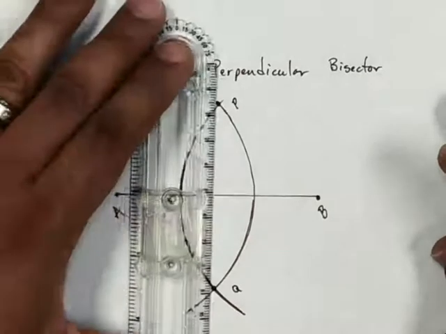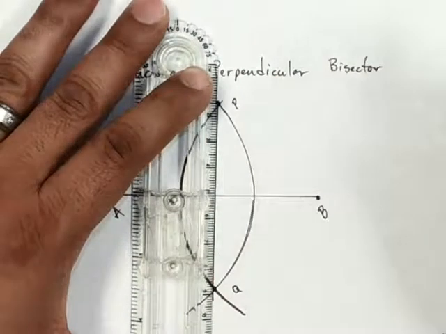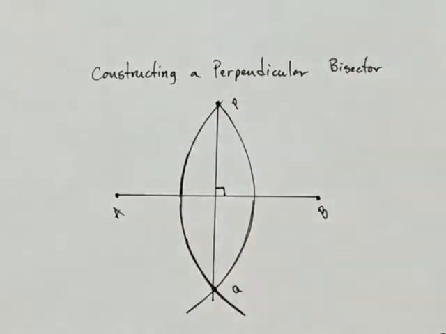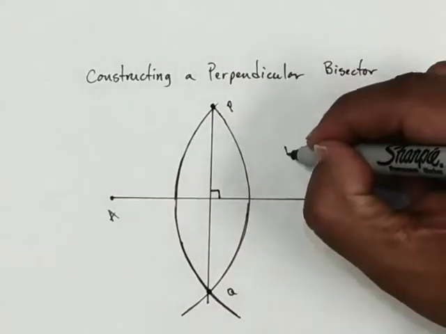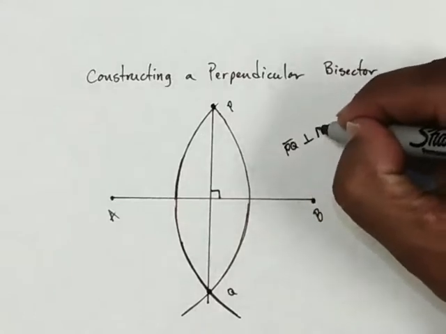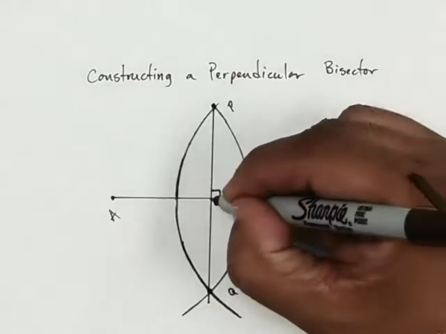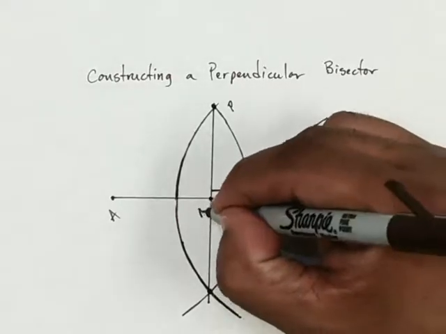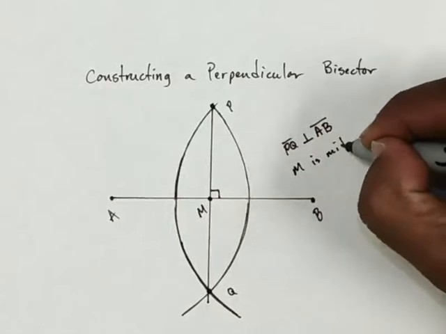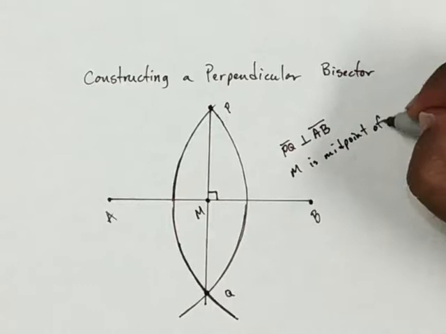All right, so now if I connect those, I know that segment PQ is perpendicular to segment AB. And if we name this point M, I know M is the midpoint of segment AB.